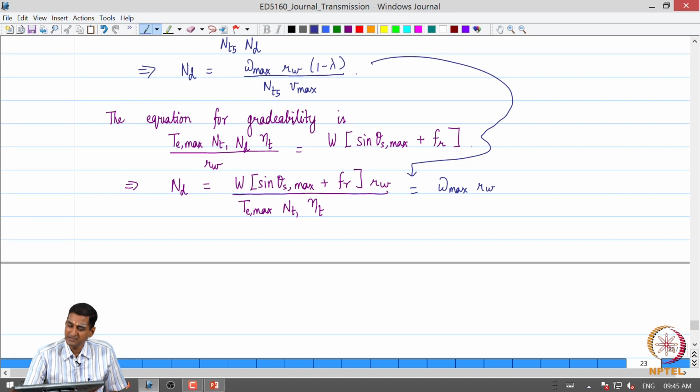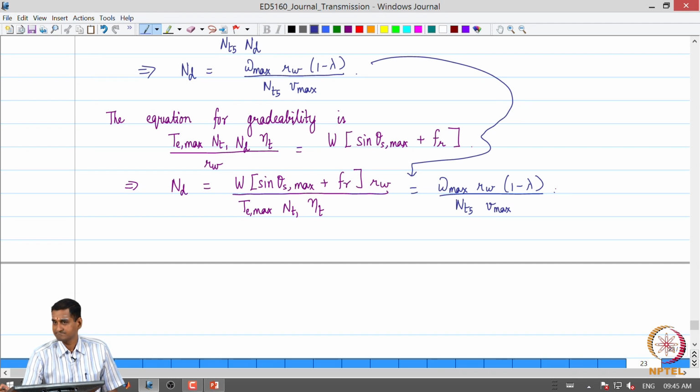So, this should be equal to omega max Rw times 1 minus lambda NT5 V max, is it not, right. So, what is going to happen here?